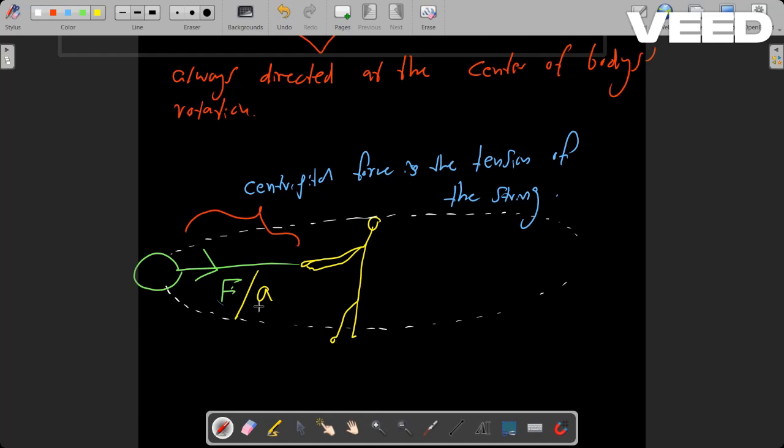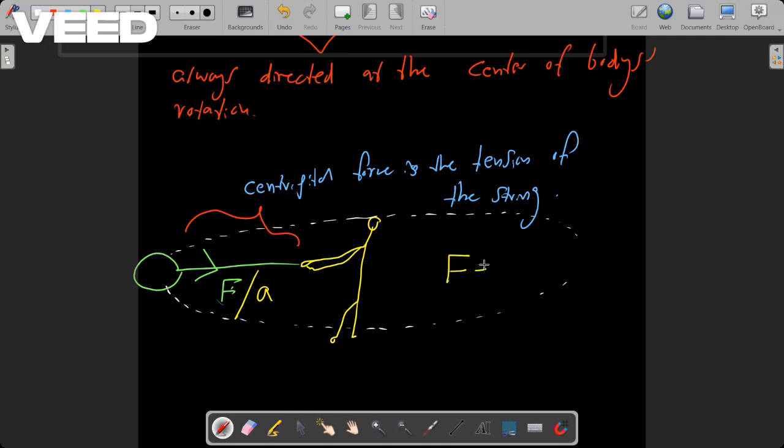Now, why is that? This is due to Newton's second law, F equals ma, right? There's an unbalanced force towards the center of the circle, so therefore there's an acceleration. What is this acceleration? This acceleration means the direction of the linear velocity is always changing.